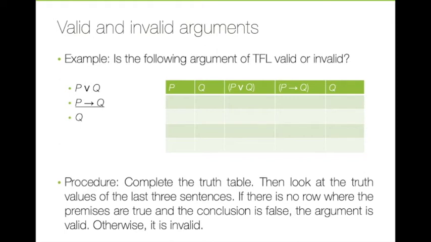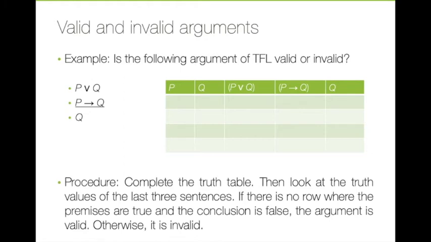The premises are your A1 through AN, and the conclusion is that C. So what the definition said is if there's no row where the premises, A1 through AN, are true, and the conclusion, that symbol C, is false, then the argument will be valid. But if there is a row where the premises are true and the conclusion is false, the argument will be invalid.